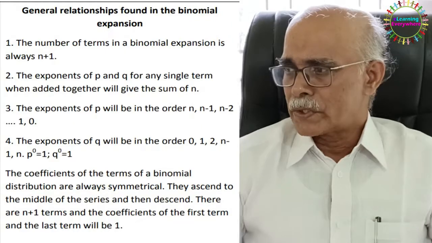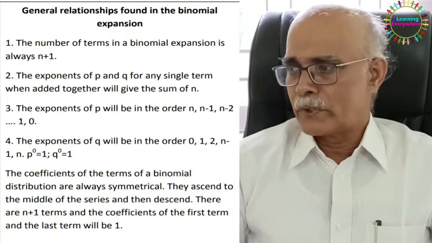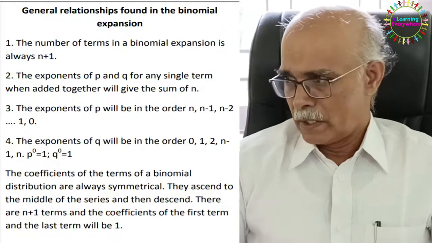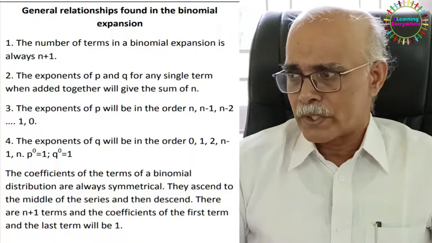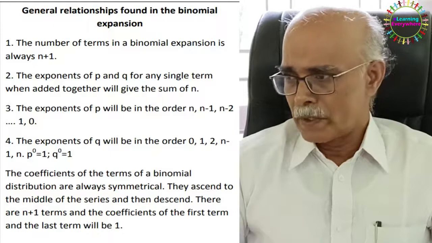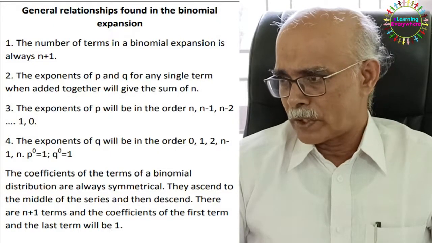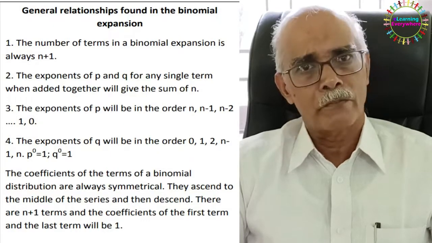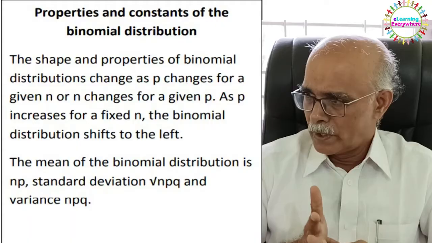The coefficients of the terms of a binomial distribution are always symmetrical. They ascend to the middle of the series and then descend. There are n plus 1 terms, and the coefficients of the first term and the last term will be 1. Now let us discuss the properties and constants of the binomial distribution.